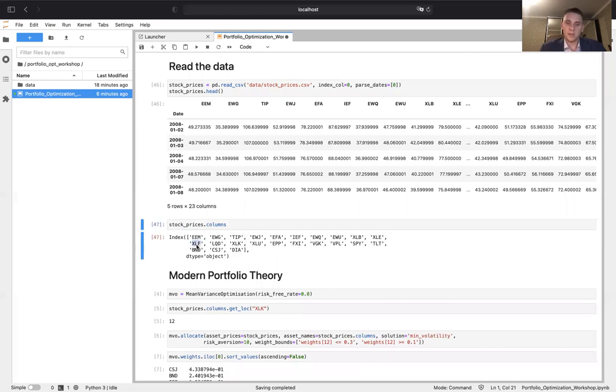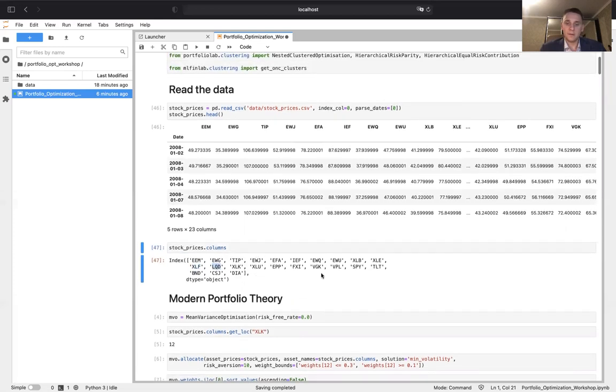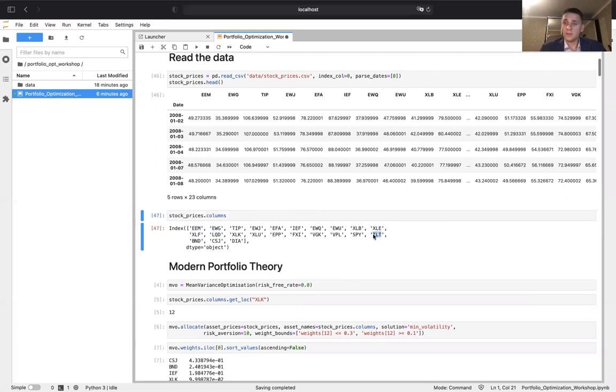We can see here a financial ETF, a bonds ETF, TLT, 20-year bonds, XLE Energy, the S&P 500 ETF, what else? Utilities, etc. So now let's use this data set and take a look at how various Portfolio Lab functions are applied to this data set of ETFs.